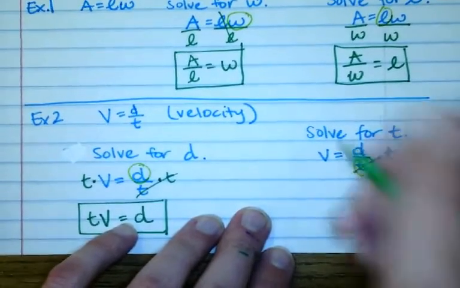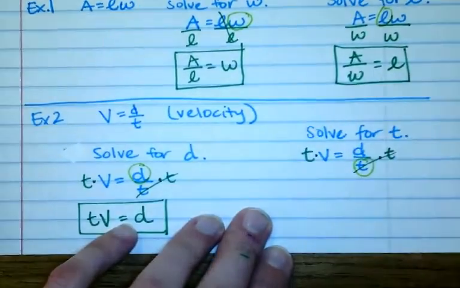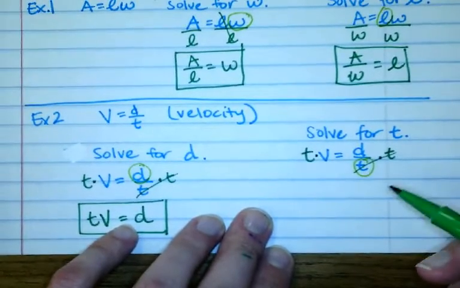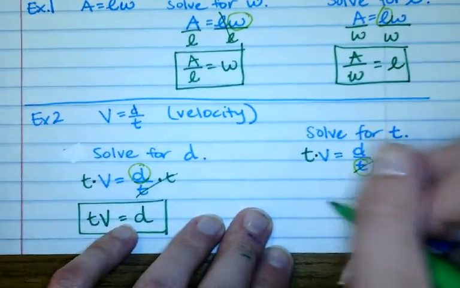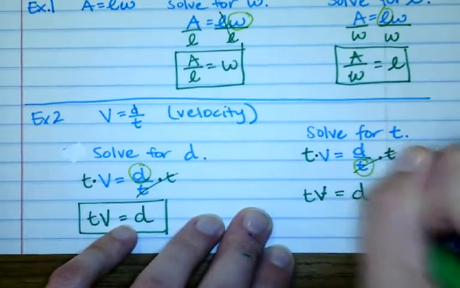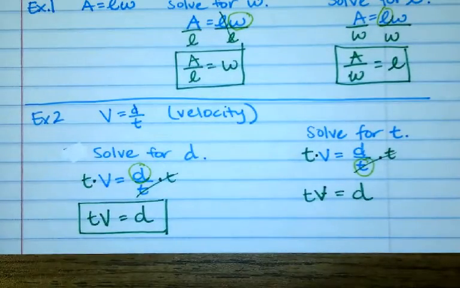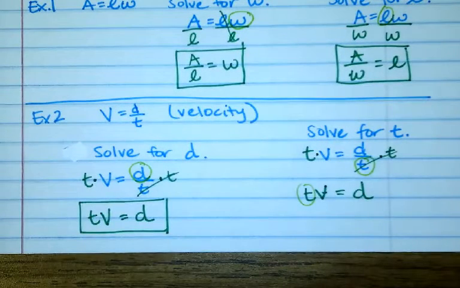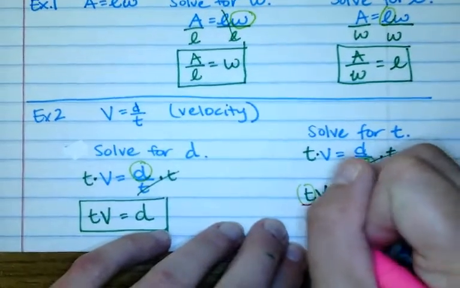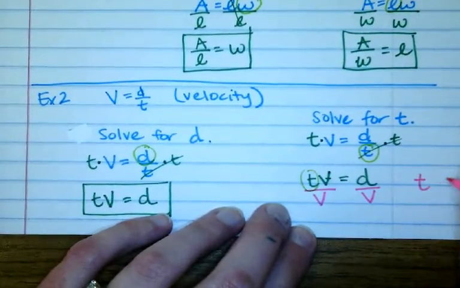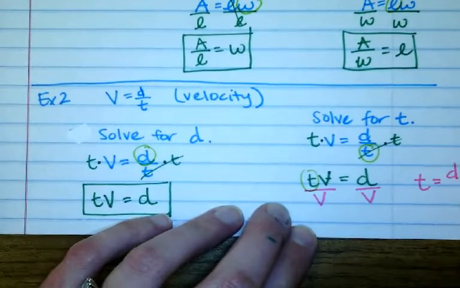You can only do that when the t is not equal to 0, which we're assuming the time is not 0. Okay? So we have tv is equal to d. Now, remember, what do we want to get alone? The t. So what do I need to do now? Divide by the v. So my final answer is going to be t is equal to the distance divided by the velocity.